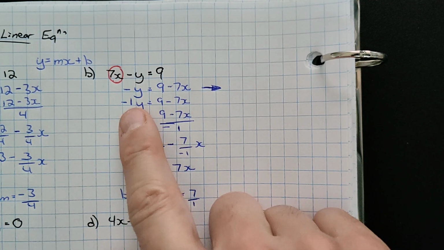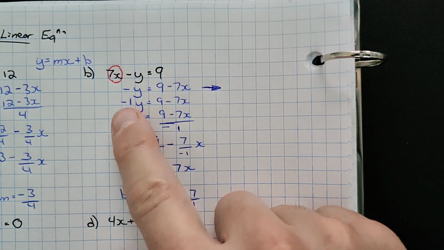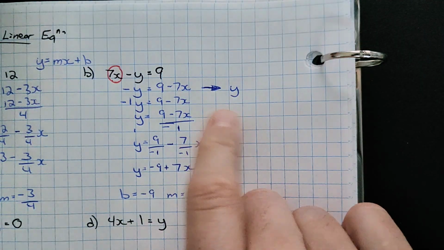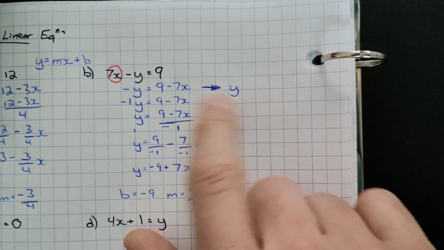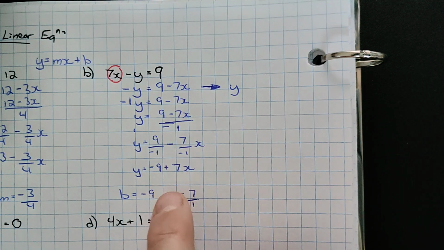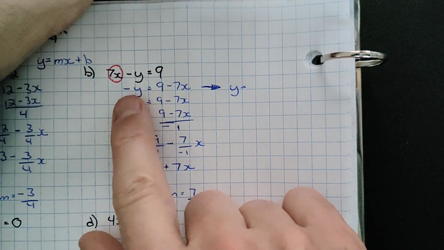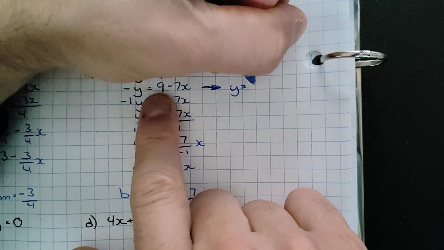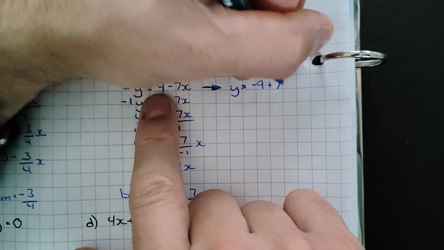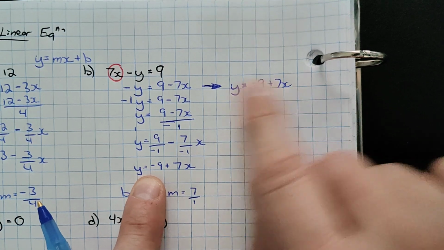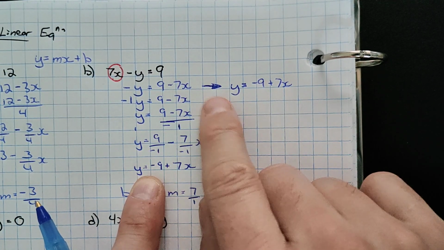If I want positive y, I just change the sign to the opposite, going from negative y to positive y. If I flip the sign on everything, so y equals negative 9 plus 7x, I get the same result. I didn't have to do those intermediary steps.